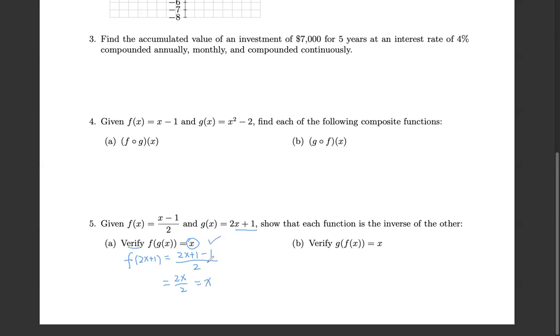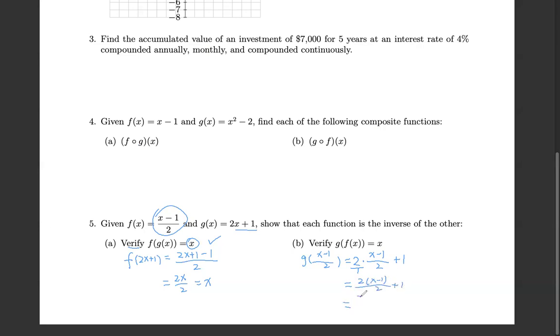Yes, verified. Well, let's verify g of f. g takes f, x minus 1 divided by 2. Now, how is g defined? It's just multiply by 2 with the input, then plus 1. So we get 2 times (x minus 1 divided by 2), plus 1.